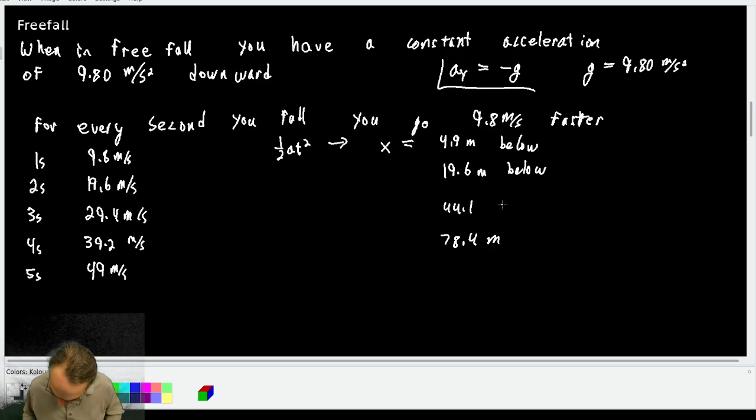And 5 seconds would give 122.5 meters. 122.5 meters is almost getting up towards 400 feet.